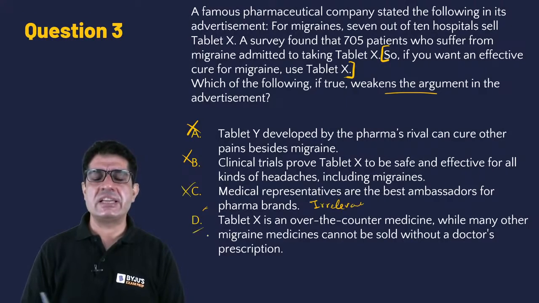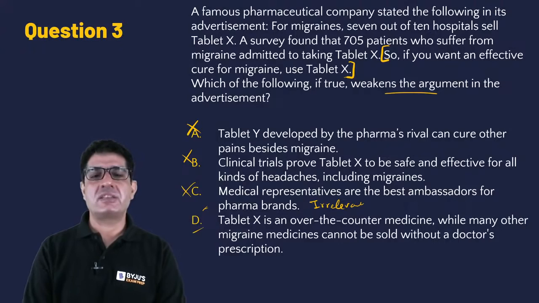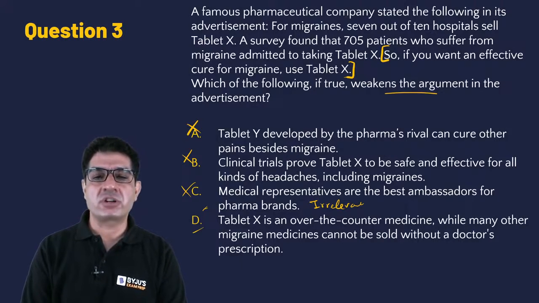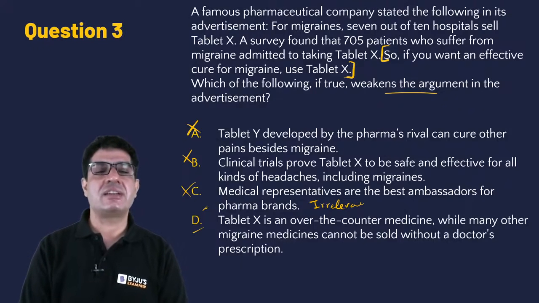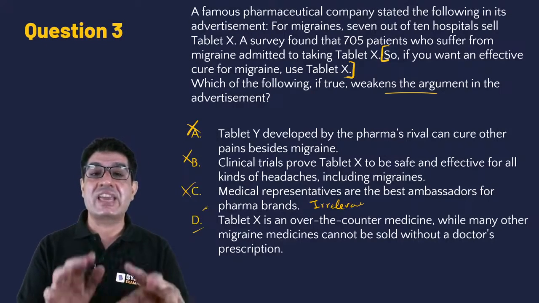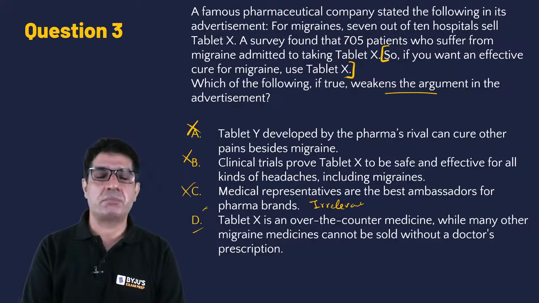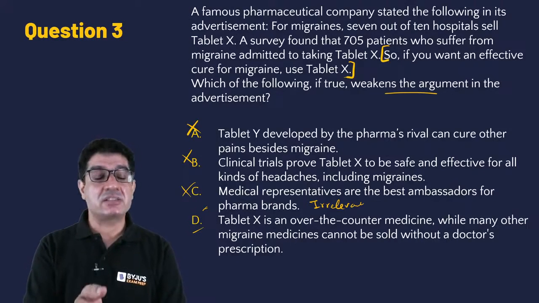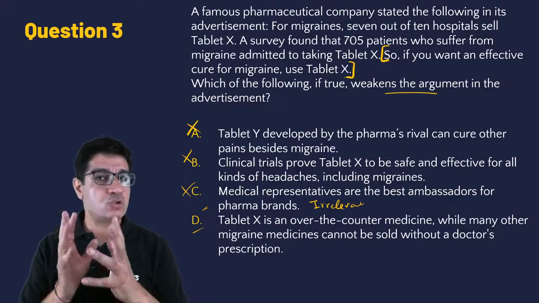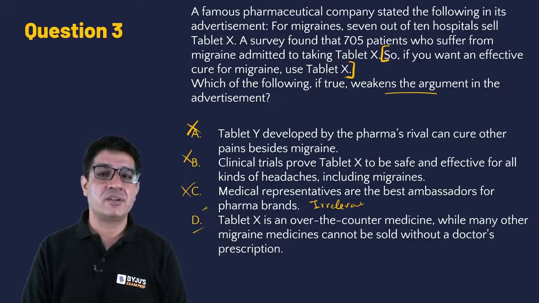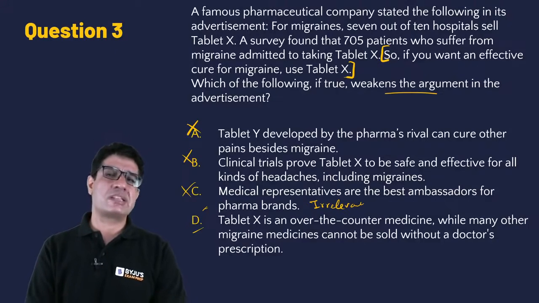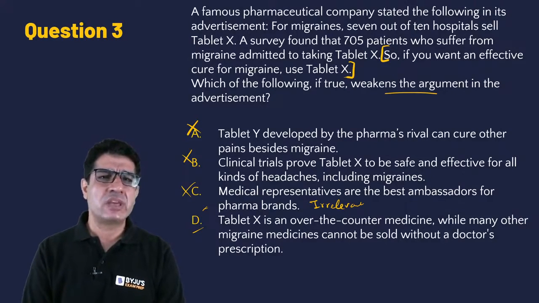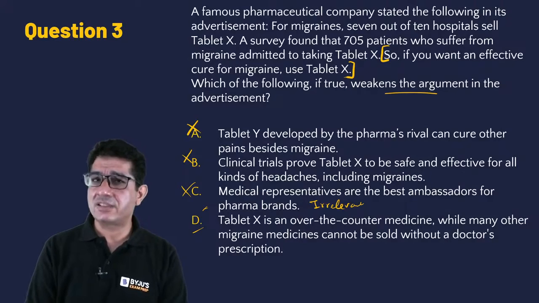Let's have a look at D. Tablet X is an over-the-counter medicine, while many other migraine medicines cannot be sold without a doctor's prescription. Ooh. So see, these guys may take tablet X because it can be bought from a pharmacy, whereas the other medicines could be more potent. They can be even more effective, but because you cannot get those other medicines without a doctor's prescription, they do not sell in as great a number.